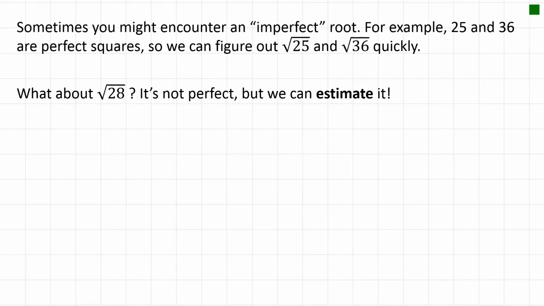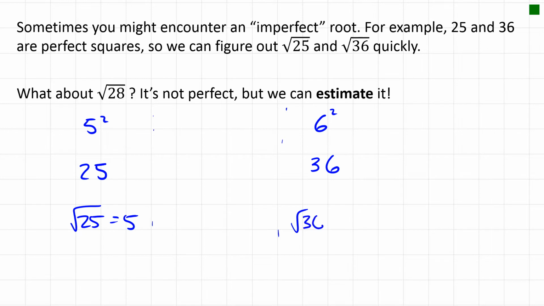around it. So we know that 5 squared gives 25, which means that the square root of 25 equals 5. And we know that the square of 6, I'm leaving some space in the middle here on purpose, is 36, which means that the square root of 36 is 6.